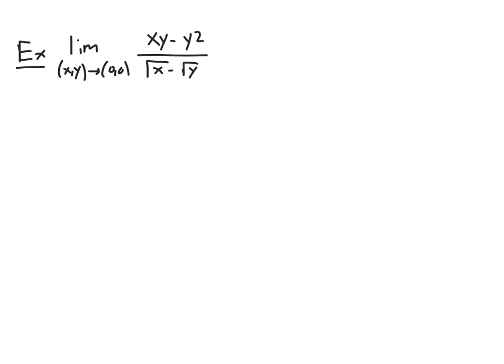So to compute this limit, what I would probably start by doing, it may or may not work, is multiply the numerator and denominator by the square root of x plus the square root of y.